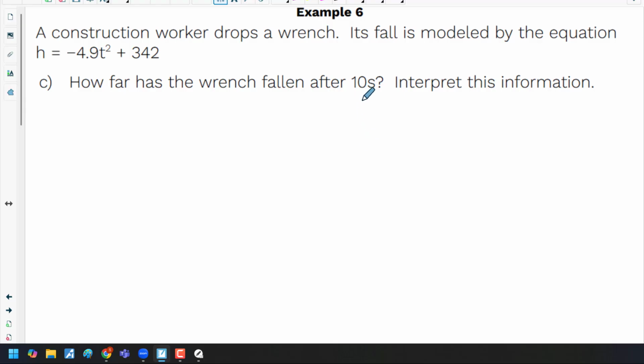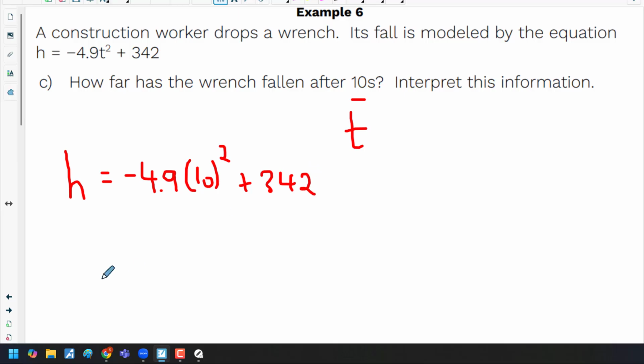Question asking how far has the wrench fallen after 10 seconds? Once again, we've been given our time value. These are one of the easiest questions. When they give you a point, just plug it in. Solve for height.